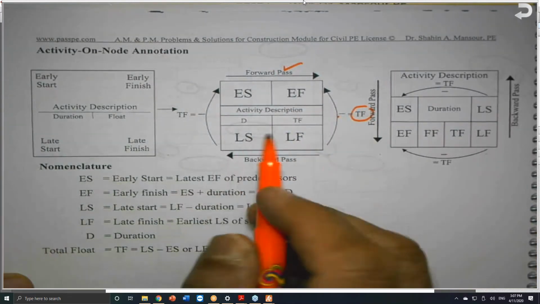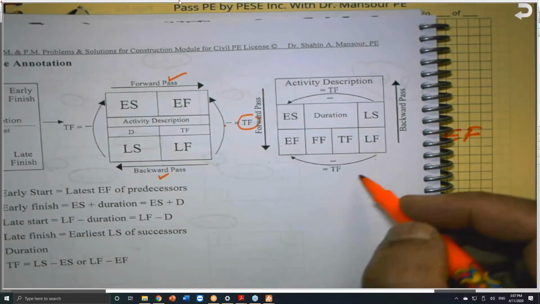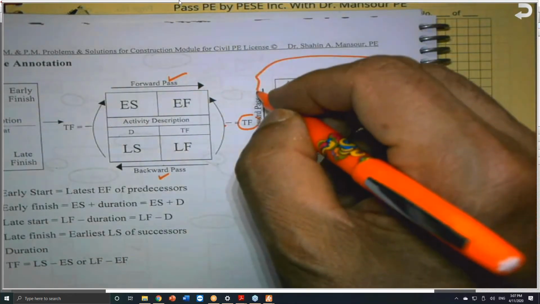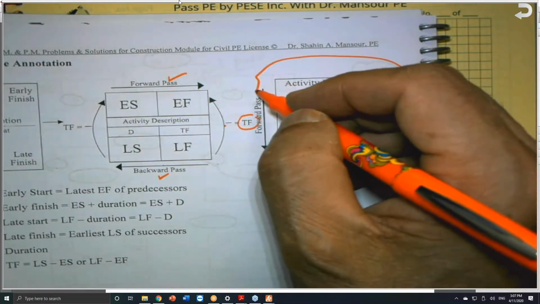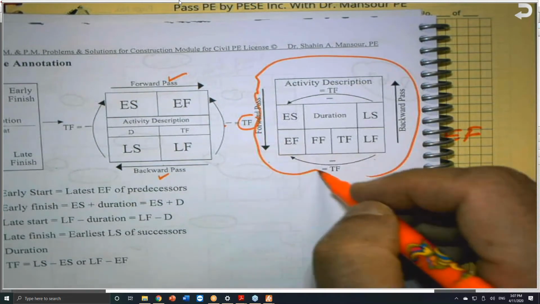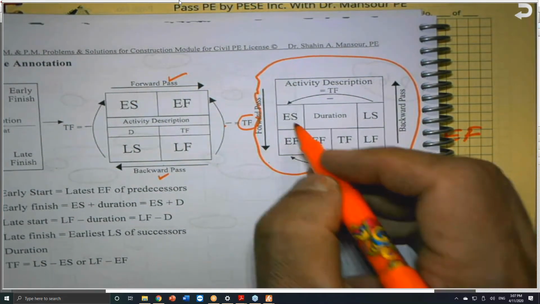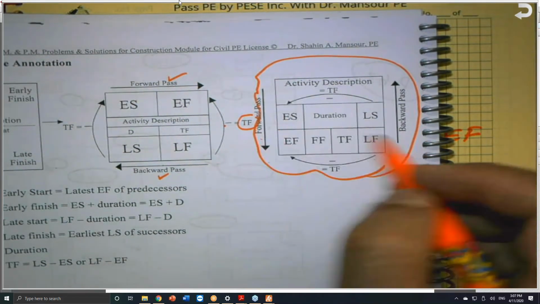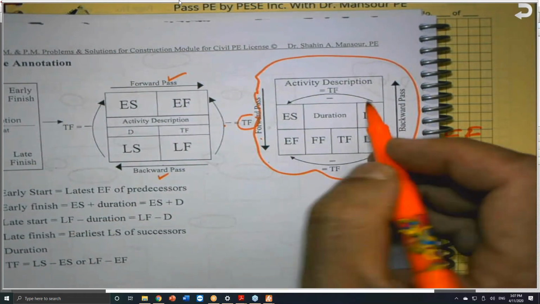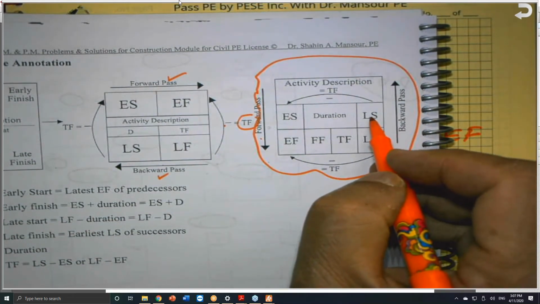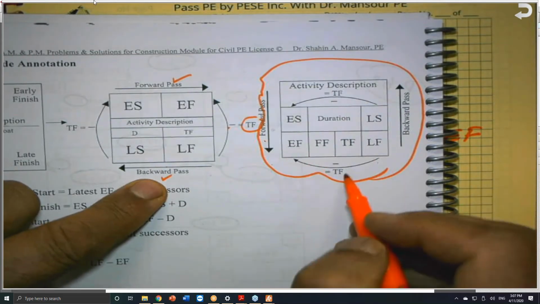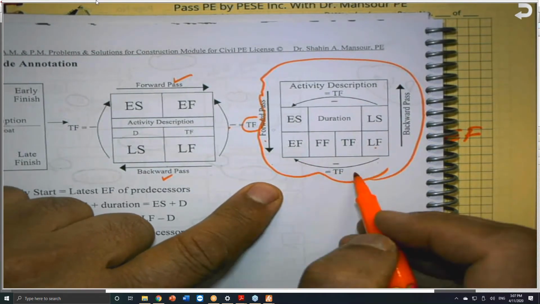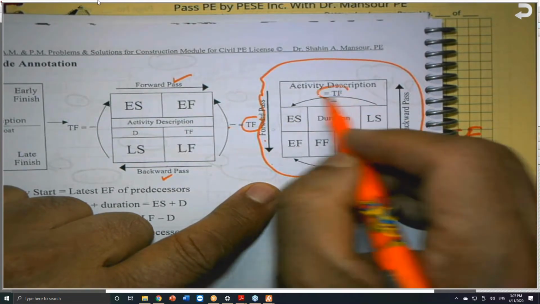If this is the horizontal, if it is vertical, this is NCEES, where early start, early finish, this is forward. The other one is backward. To get the total float, it is late start minus early start. Exactly like this. Late finish minus early finish. This minus this will give you the total float.